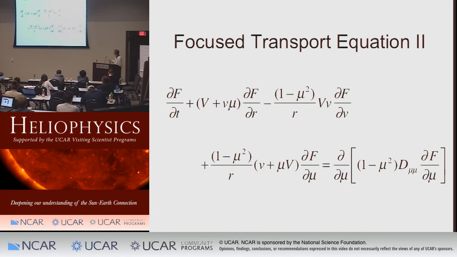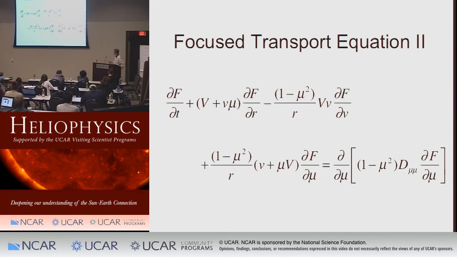So if I combine that with what I had before for the special case in which V, the magnetic field and the solar wind are aligned, this is what's called the focused transport equation, which you'll run into a lot if you're dealing with particles that are not close to isotropy.